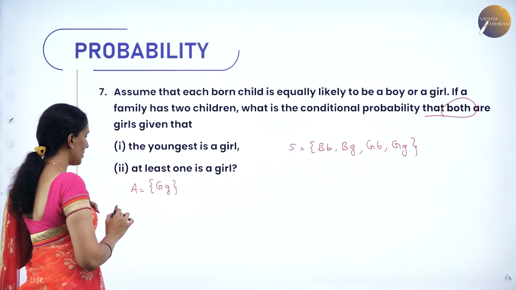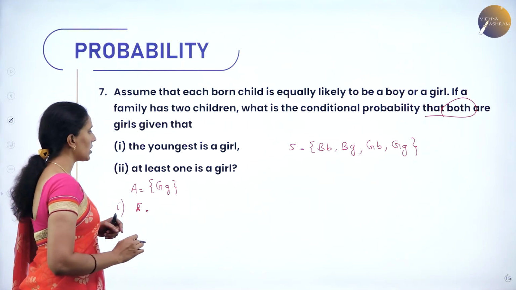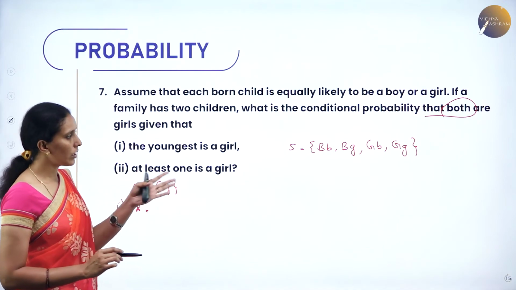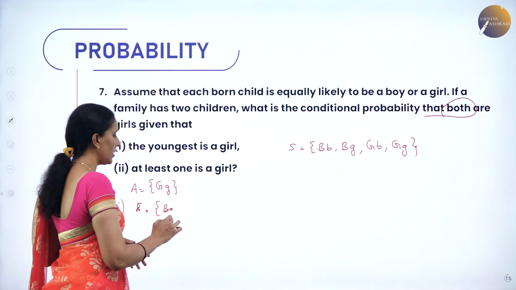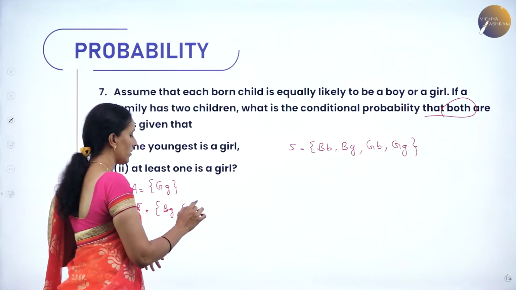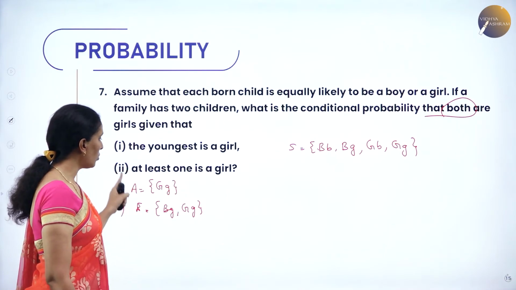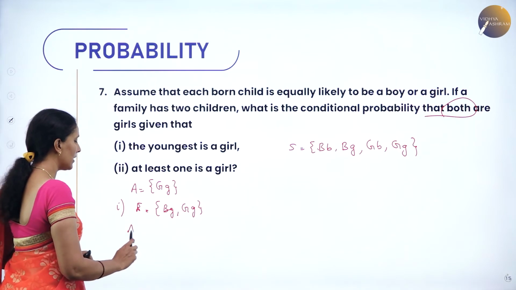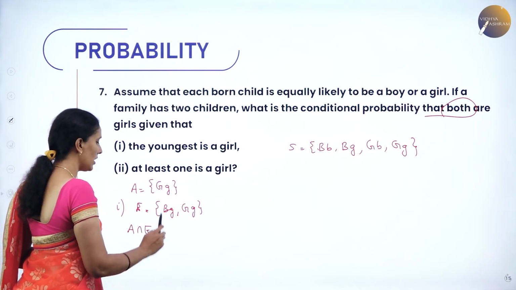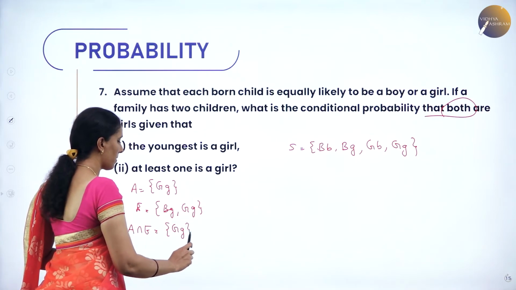The first condition here, let me take an event E. Event E is the youngest is a girl. So what are the possibilities? The youngest is a girl, that is BG and GG. Now I need to calculate the probability of both are girls when the youngest is a girl. So clearly you can see here A intersection E is GG.